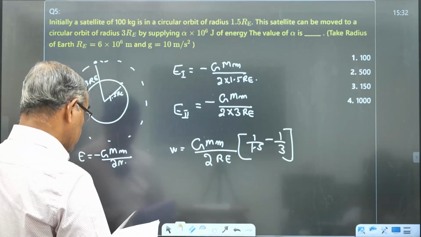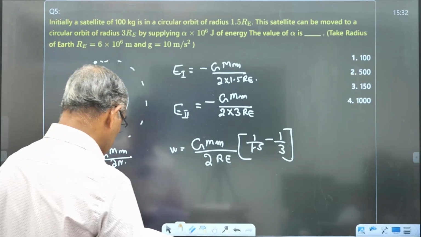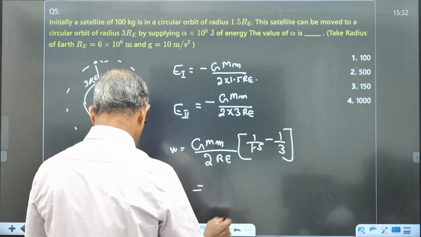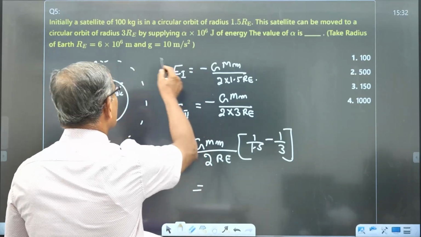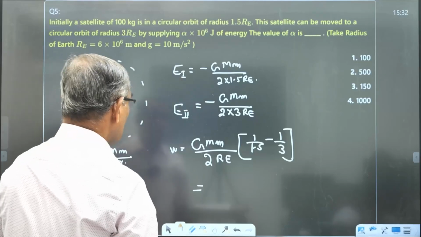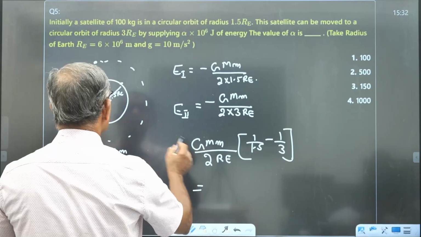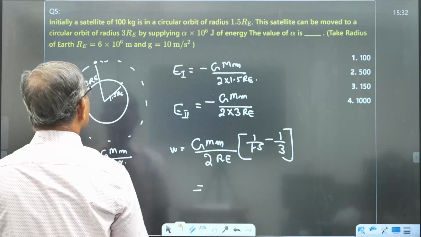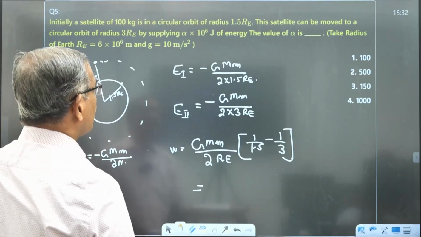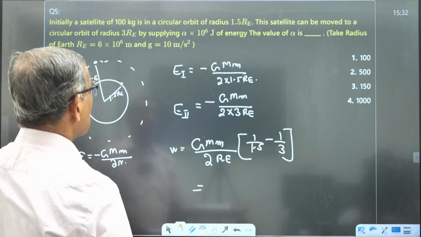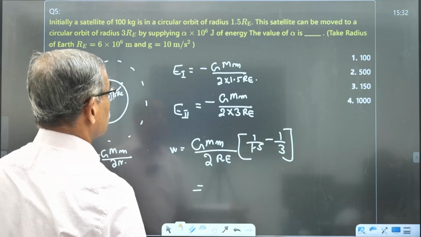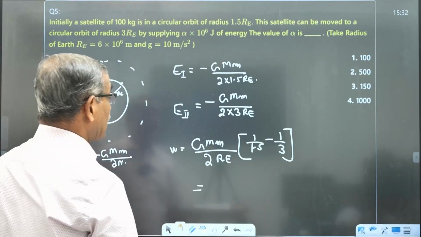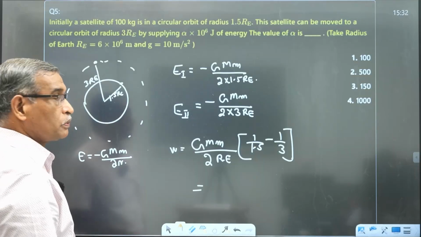And this on calculation, the work done on calculation is given by substituting. We are given all the values there. R is given, energy supplied is given to you, and acceleration due to gravity is given to you.